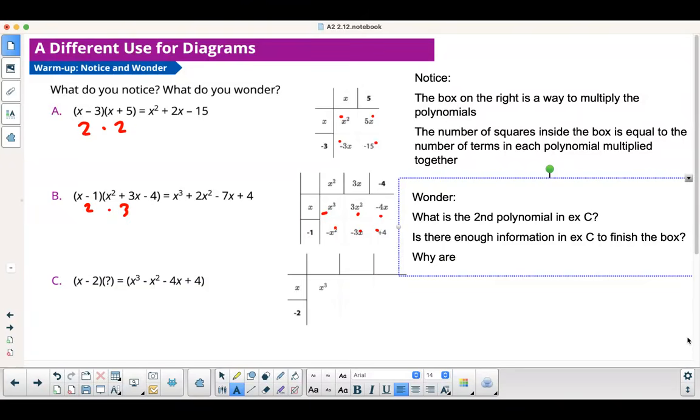Why are we using a box to do multiplication?